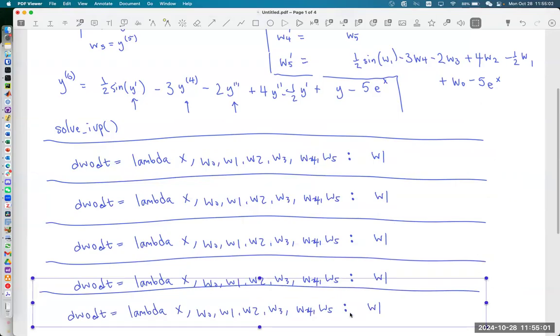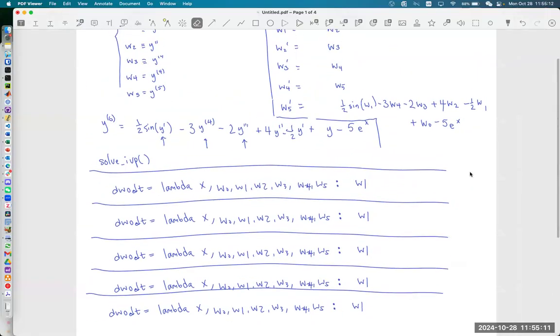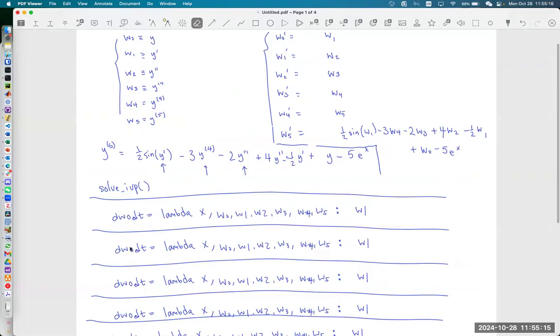So what has changed? It's important that in coding, we always copy and paste, but it's difficult to know what we should change. That's what's important. If we look at dw1 dt, the variable name is dw1 dt, the variable stays the same, and on the right we have w2 instead of w1. And so on.